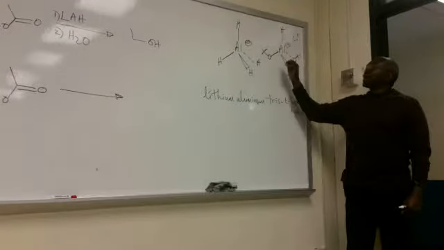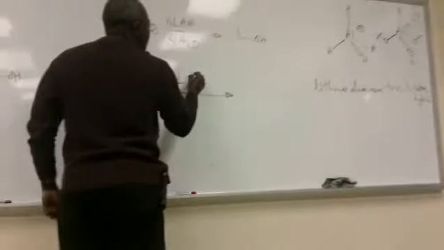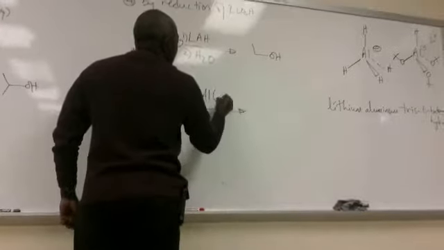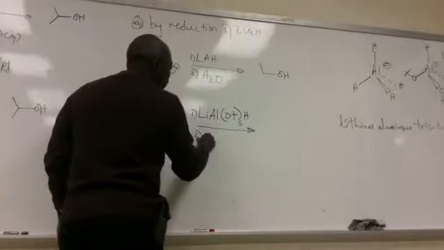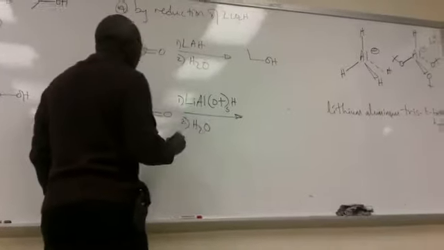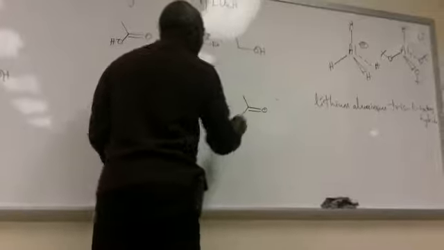It stops at the aldehyde level, and I'll tell you why in a second. So if I use lithium aluminum tris T-butoxy hydride followed by water, what that generates is the corresponding aldehyde. That's an H.